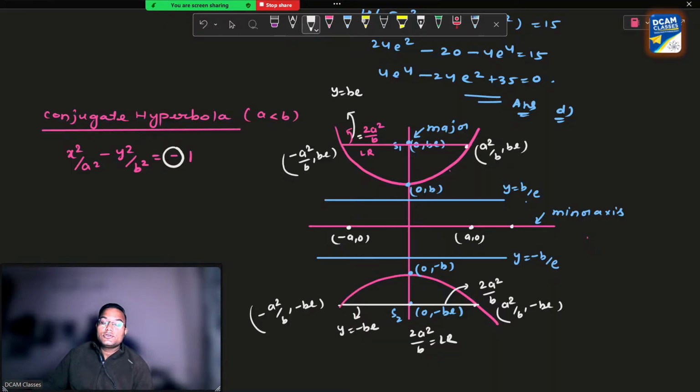In the ellipse, it was not so. Clear? One important thing you have to be careful about. The other thing is, if you take b square is equal to a square into e square minus 1, you used to take, this is wrong here. a square is equal to b square into e square minus 1, you have to do, this is correct. Clear?